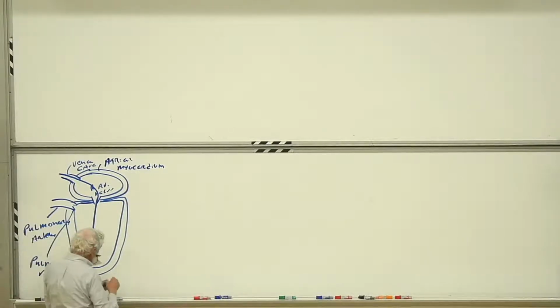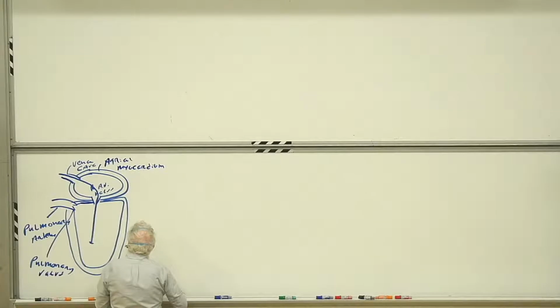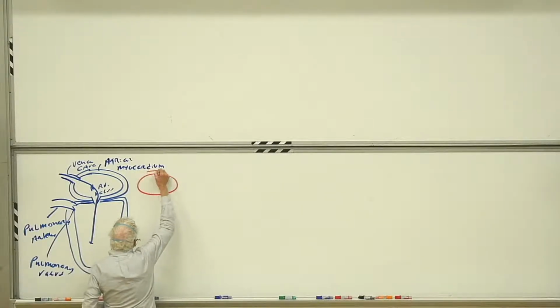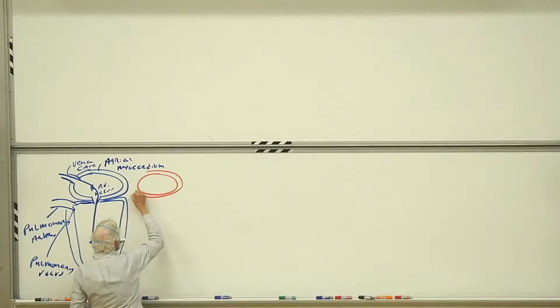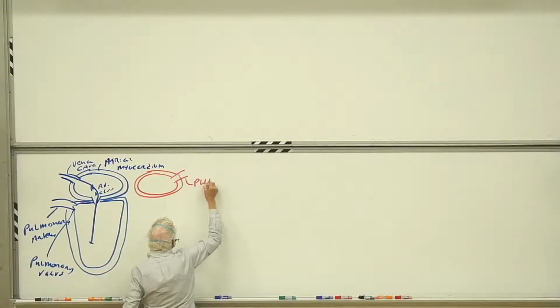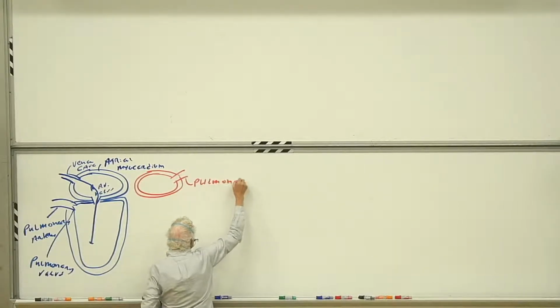The same pattern, pretty much, repeats itself on the left side. This is the left atrium, the left atrial myocardium. The input here is from the pulmonary veins.